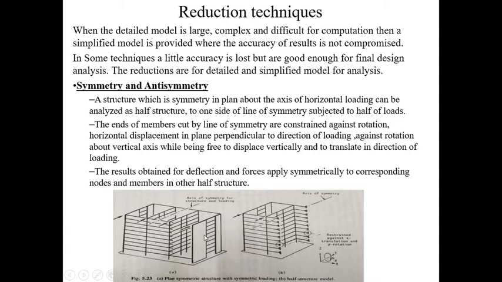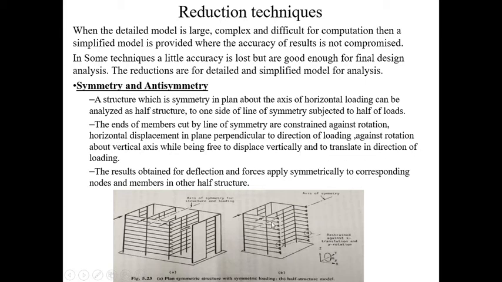The ends of the members cut by the line of symmetry are constrained against rotation, against horizontal displacement in the plane perpendicular to the direction of loading, and against rotation about the vertical axis, whereas they are free to displace vertically and are allowed to translate in the direction of loading.